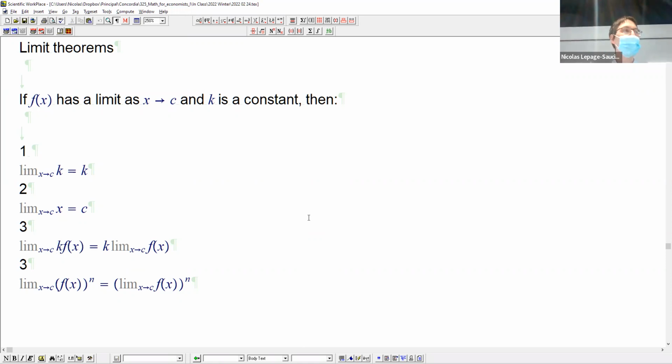Multiplication by a scalar is itself a function that is continuous, so it's going to work. And taking the exponent is the same. Yeah, exactly.